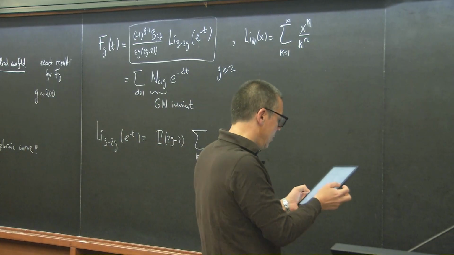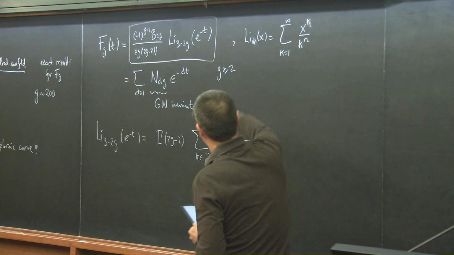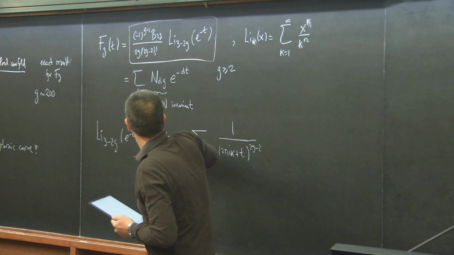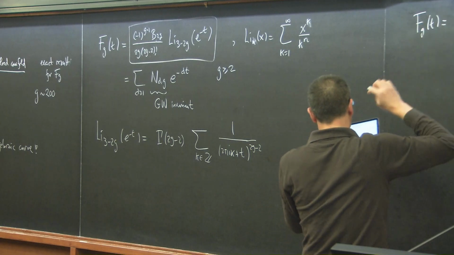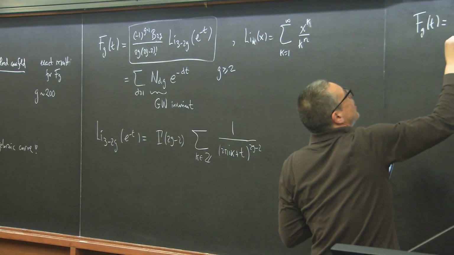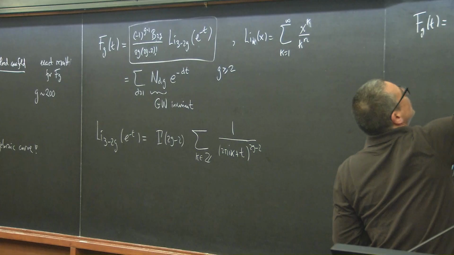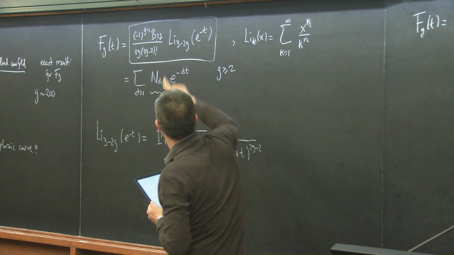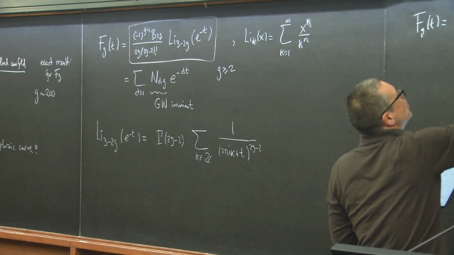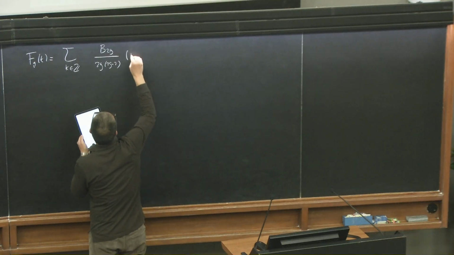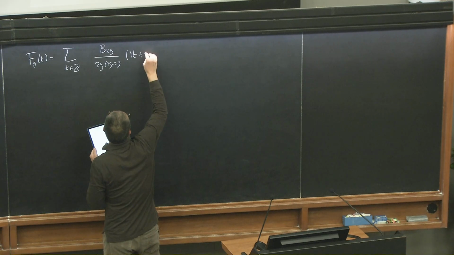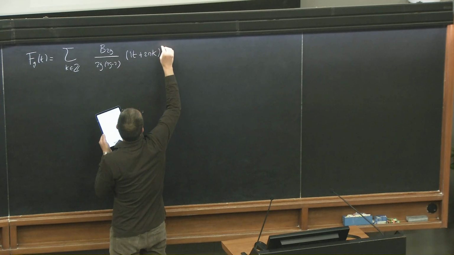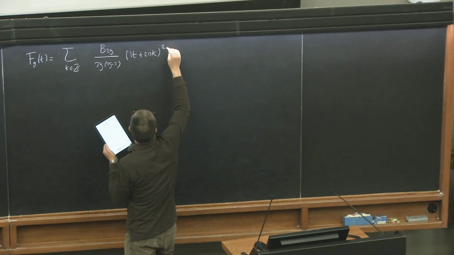A very interesting consequence is that if you use this formula here, you will partially cancel this factorial behavior, and then I can write this as a sum over k in Z, with B_g, and just plug this formula in here, so I get 2g minus 2, and I also insert the minus 1 to the g minus 1, and I get 2 pi k plus t to the 2 minus 2g.